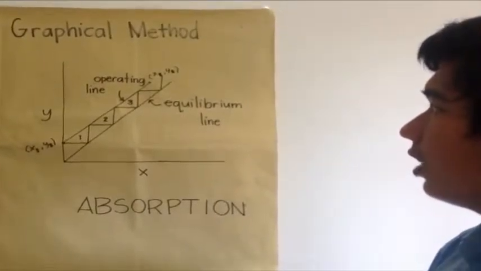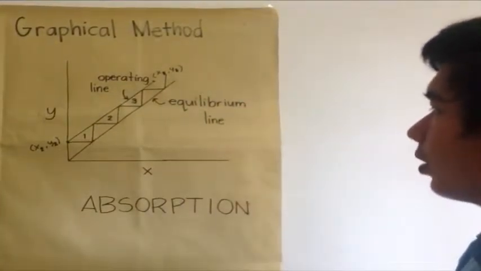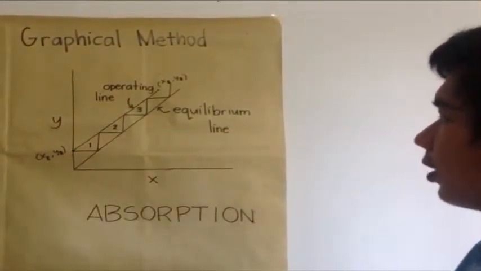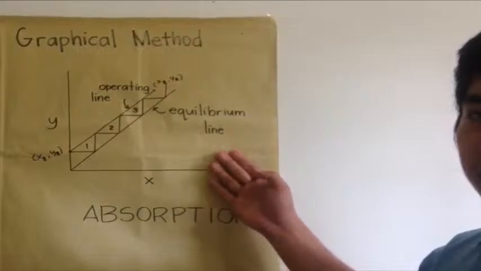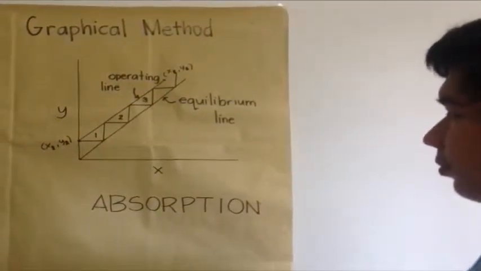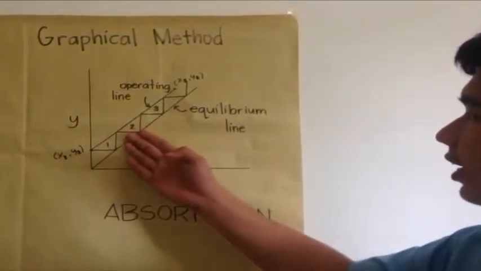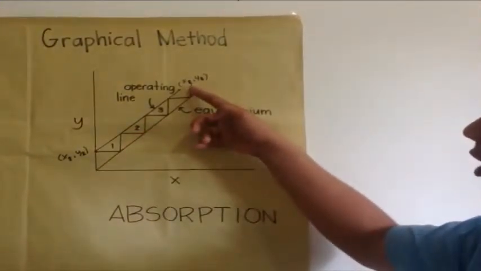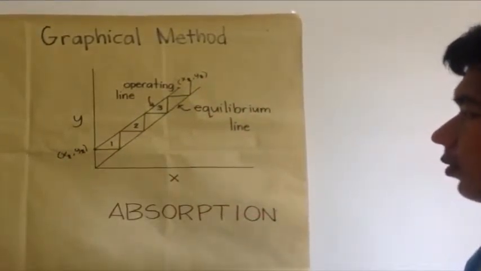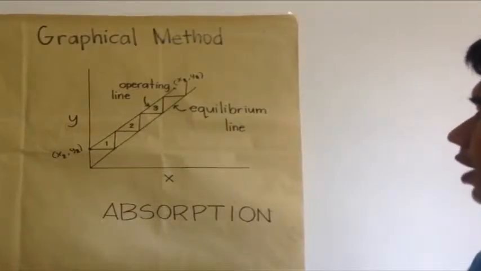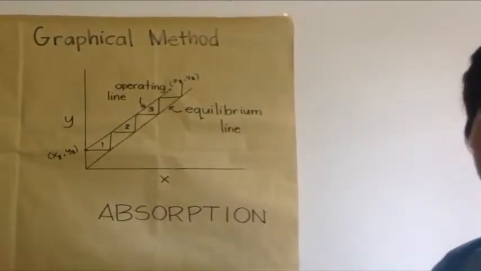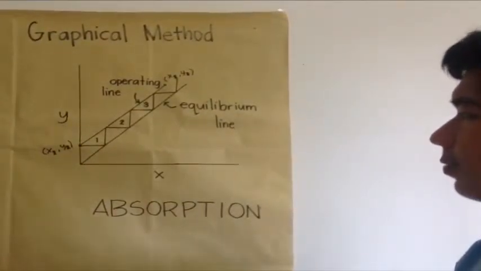You can also calculate NTO using graphical method. We will just plot the equilibrium line and the operating line. Equilibrium line can be obtained using data or can be obtained using Henry's law. For our operating line, we will just plot x1, y1, and x2, y2. Once we have our operating line and equilibrium line, we will form triangles like this.